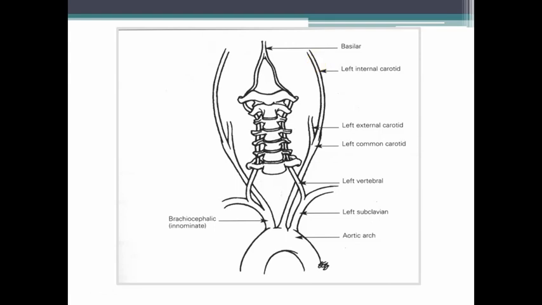This internal carotid artery goes and gives blood supply to most of the brain. And the right and left vertebral arteries join together again. When they join together, they become the basilar artery, which gives blood supply to the posterior part of the brain.